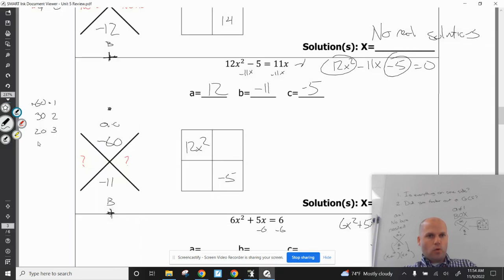Yep, 15 and 4. Ooh, hold the phone. Stop the presses. I can combine 15 and 4 to make 11. But how? If this is negative and this is positive, I multiply to get negative 60 and I add to get negative 11.